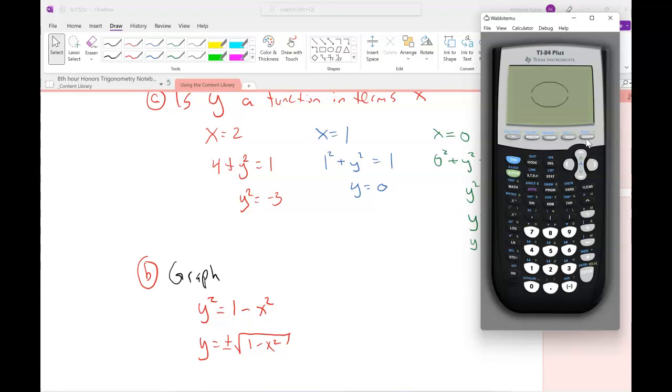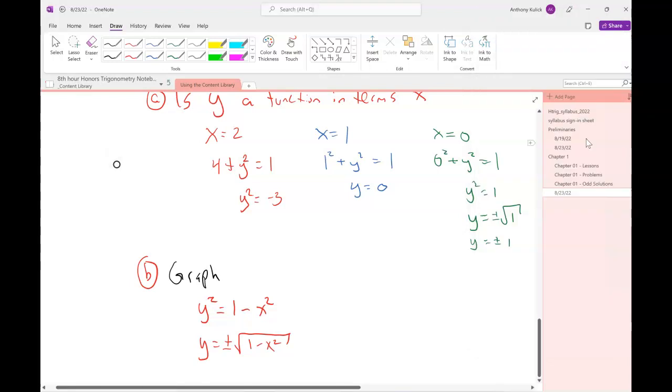Aha! What do we got here? Looks like a circle, doesn't it? Okay.